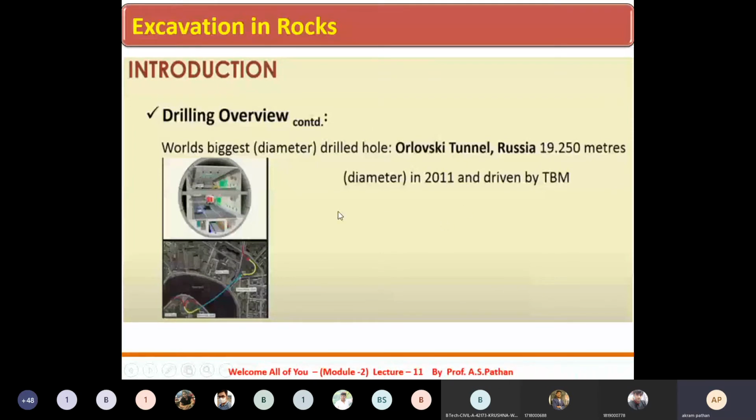So why am I sharing these particular things with all of you? If you see the technology, previously also we were using this type of technology for drilling certain kinds of things.